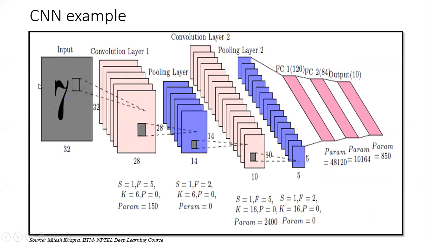So even in this case, your input is a digit, final output will be 10 digits, 0 to 9. In between, how many fully connected networks you use, how many convolution layers you use, all this is completely your choice to do.